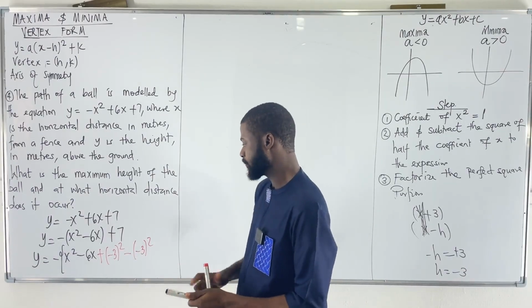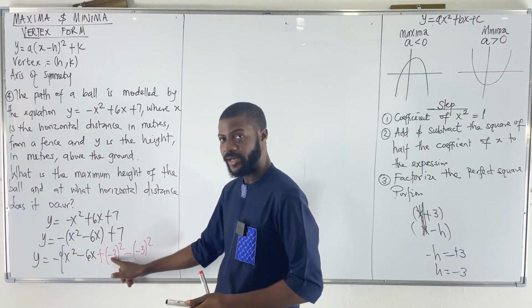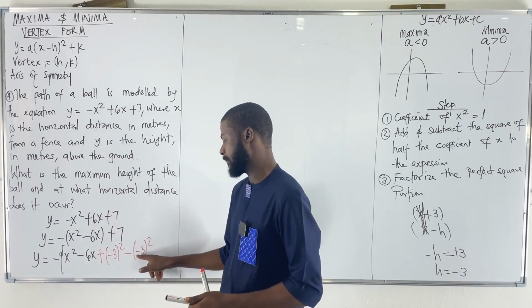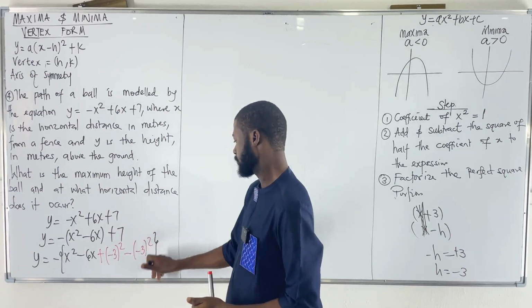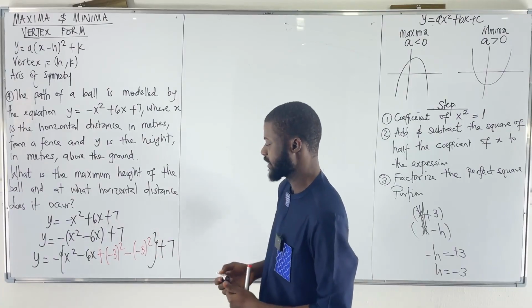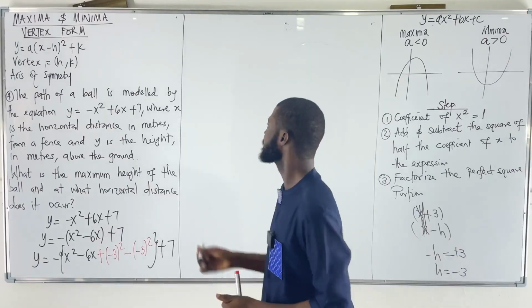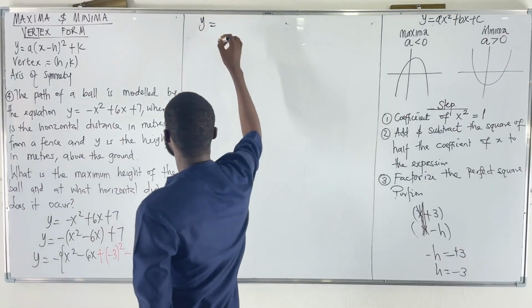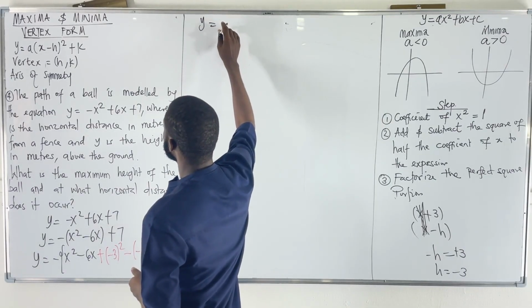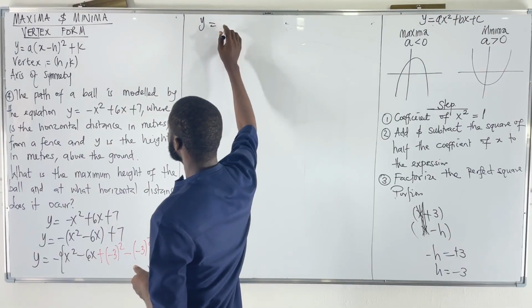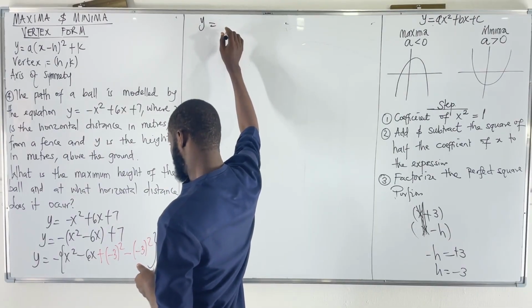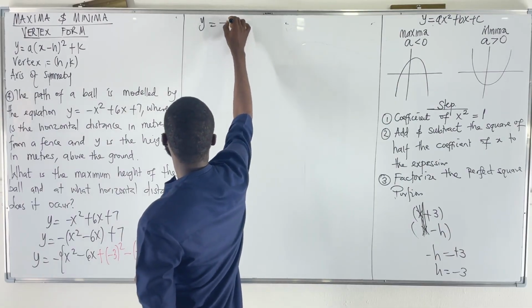So what did I just do? I added the minus 3 squared and also subtracted the minus 3 squared. And then my plus 7 comes later. You see that, right? Very beautiful. So y equal to minus.